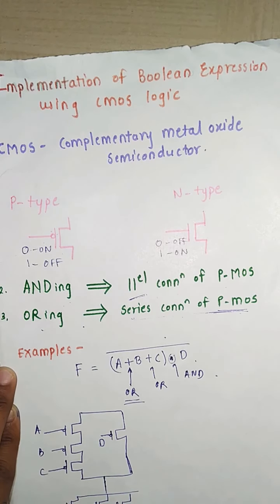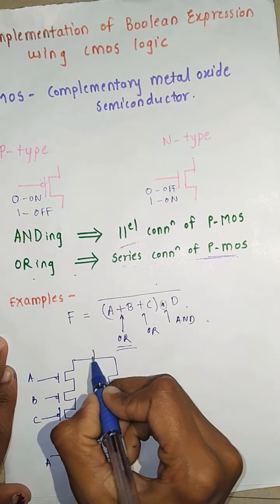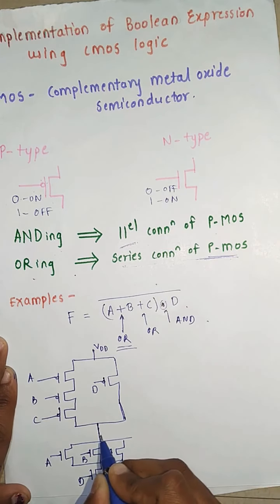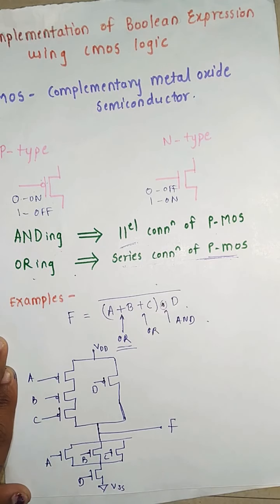So here A, B, C and D. Here is VDD, which is the power supply. Here is VSS, which is logic 0, that is ground, and here is the output.